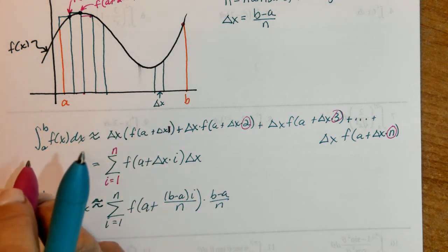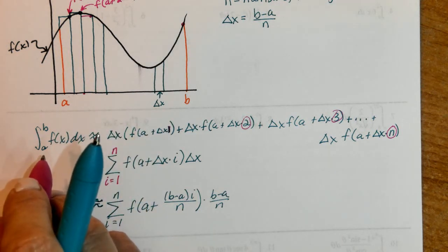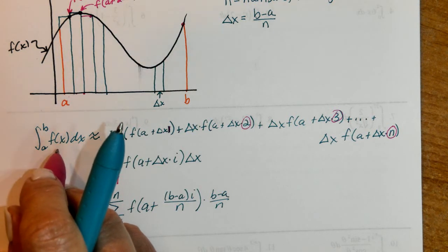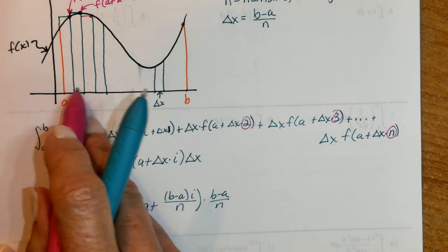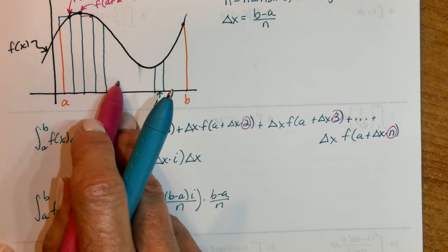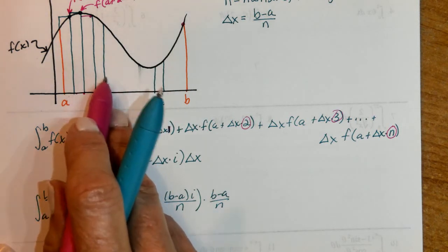What if we did the impossible? What if we had an infinite number of rectangles? If we had an infinite number of rectangles, then we would have the exact area under this curve.